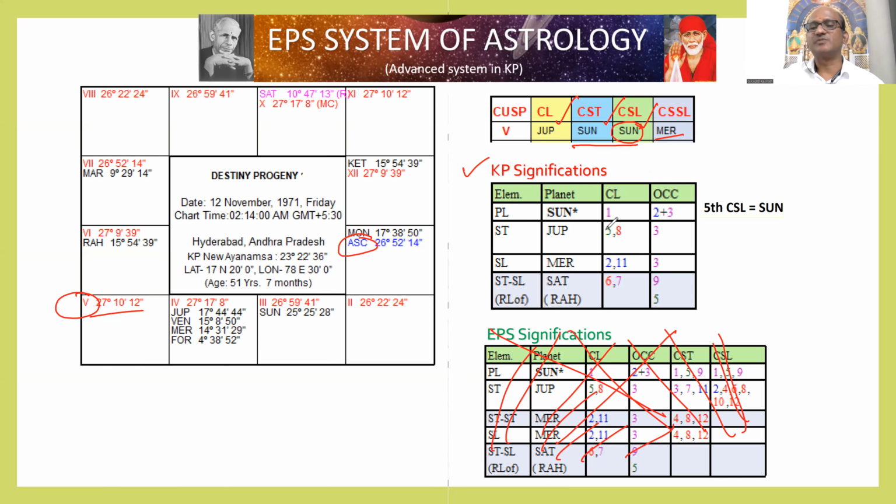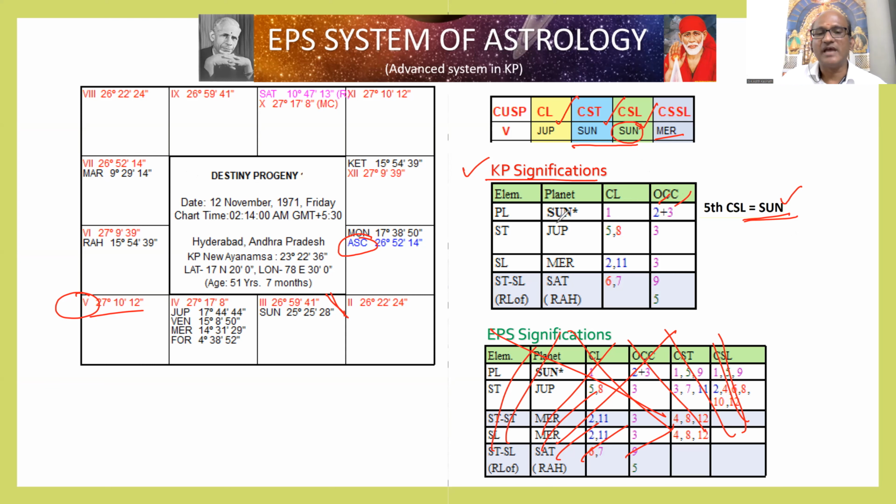Look at that fifth cuspal sublord, as per our KP, the fifth cuspal sublord is Sun. Sun is lord of one and posted in the second house. Where is the second house? In Libra, close to the third house, because 26, 59 is 25, 25. So we take it as occupant of the second house, close to the third.